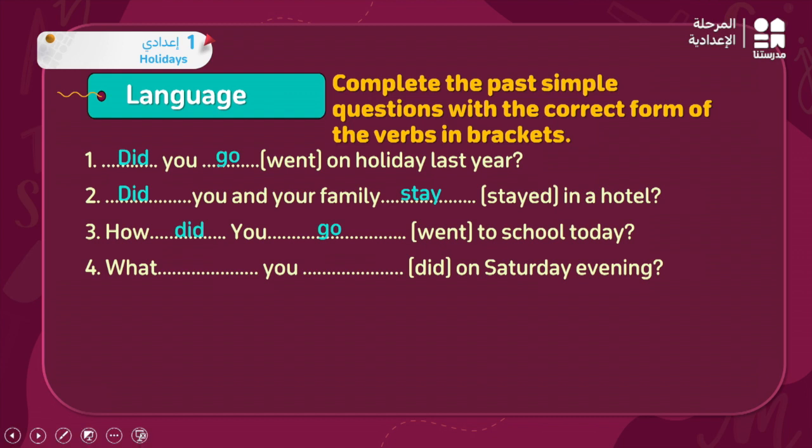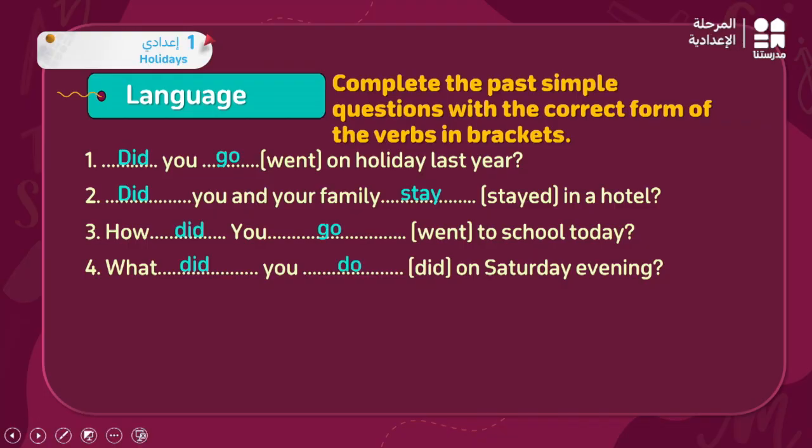What did you? Here I have to differentiate between using did as an auxiliary and using the verb do as the main verb of the question. What did you do on Saturday evening? What did you do on Saturday evening?